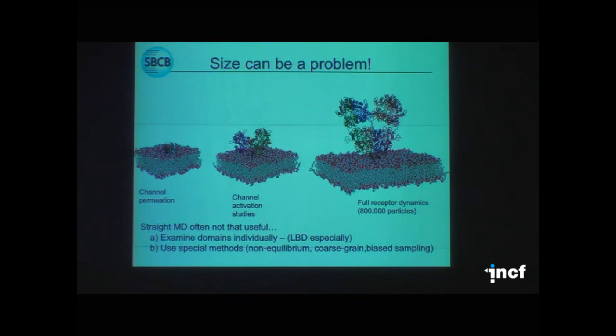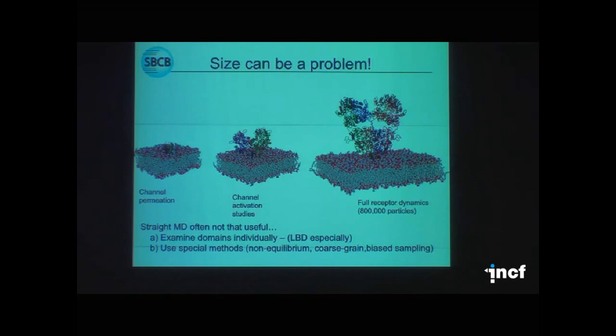And indeed, I'm going to focus really on this ligand binding core initially. You can also use other methods to get around this problem. There are a lot of very technical methods that you can use. Non-equilibrium simulations, coarse graining approaches where you represent something like 4 particles by 1 particle instead. Or you can do something like biased sampling and correct for that bias afterwards.